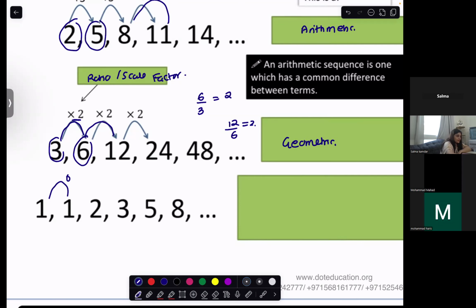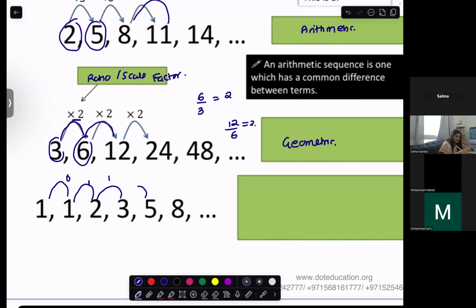Come on, how about the last one? 1 minus 1 is 0. If I do 2 minus 1, I'm getting 1. If I'm doing 3 minus 2, I'm getting 1.